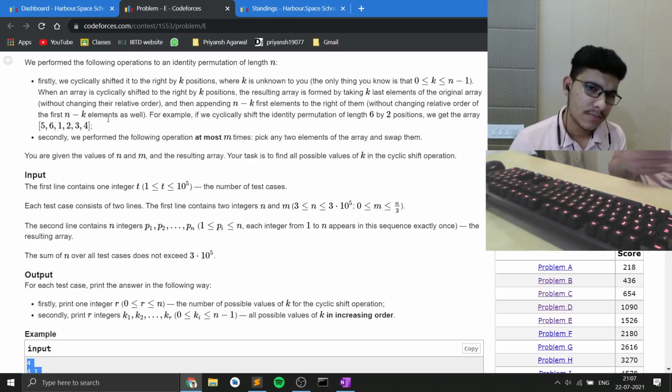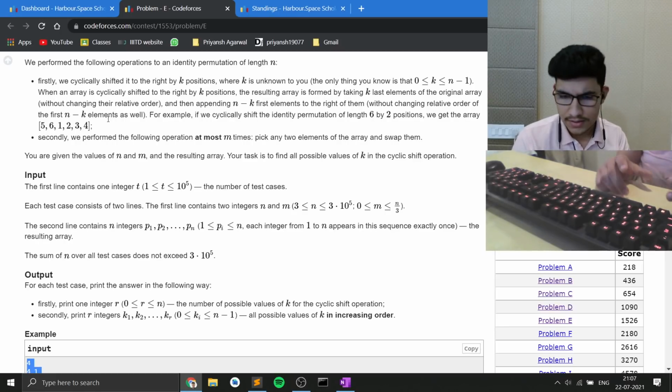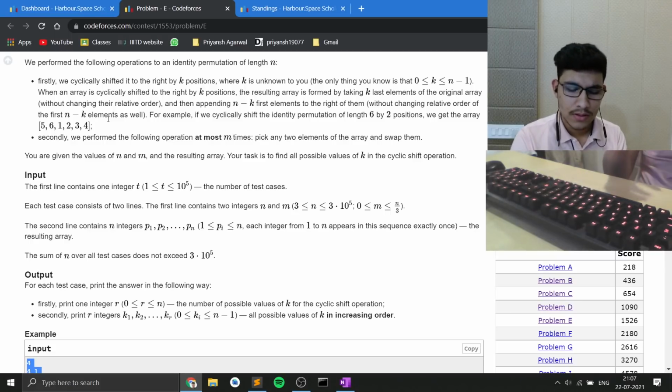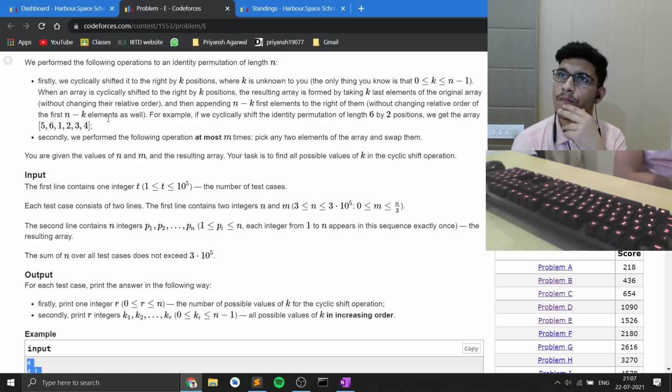So if we start with the identity permutation, then everybody is on its right place. Now if we just cyclically shift it by 1, then all of these positions become position plus 1 modulo n. So we need to see how many of them are already on the right place.